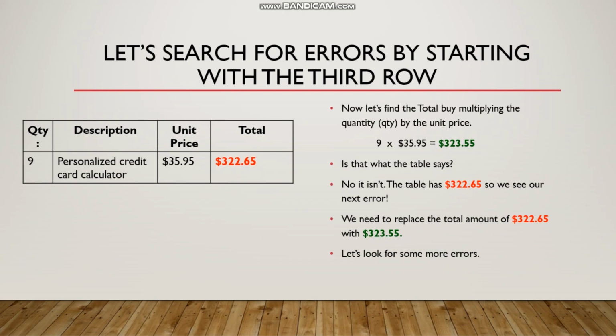So now we have found our second error. Now we need to replace the total amount, $322.65, with the correct amount, $323.55. Okay? Remember, the correct answers are in green and the wrong answers are in red.